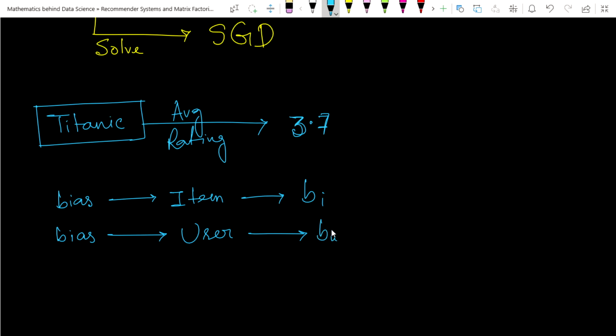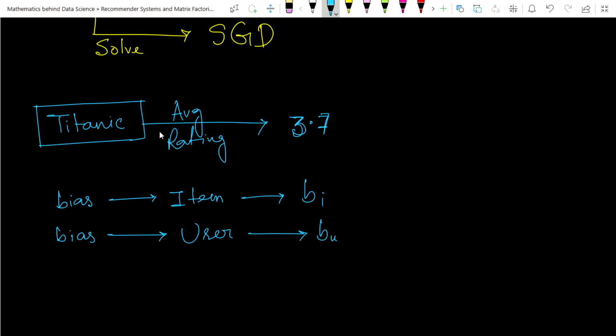Now, since Titanic is a very famous movie, it tends to get 0.5 more; its item has a chance to get a higher average rating from users. We can expect this for a famous movie.